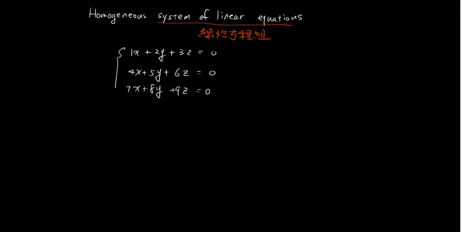But there is a weird word at the beginning. It's called homogeneous. And homogeneous has a lot of different meanings. At least here, it's just a mathematical definition. It says that on the right-hand side, everything is 0.